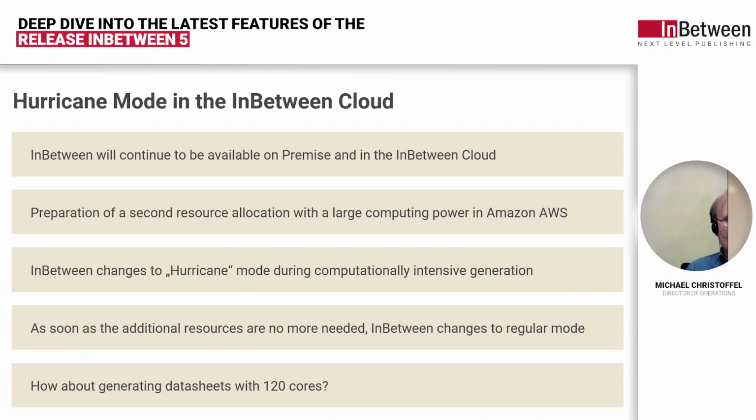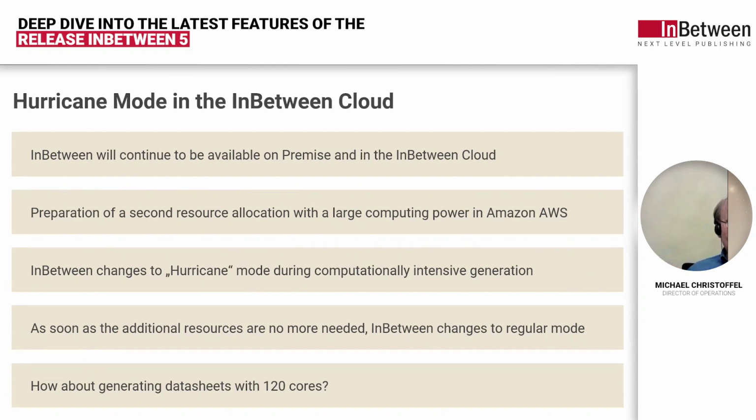This means we have one resource allocation in Hurricane and one in normal mode. And InBetween is able to switch automatically to these higher resources whenever there is a large generation coming with lots of computing power. And once the generation is over and the computing power is reduced, InBetween can automatically go back to regular mode.